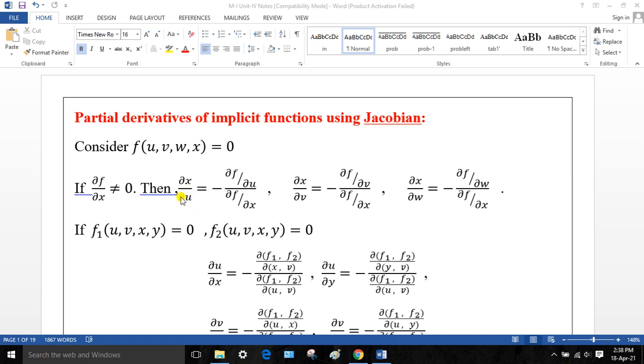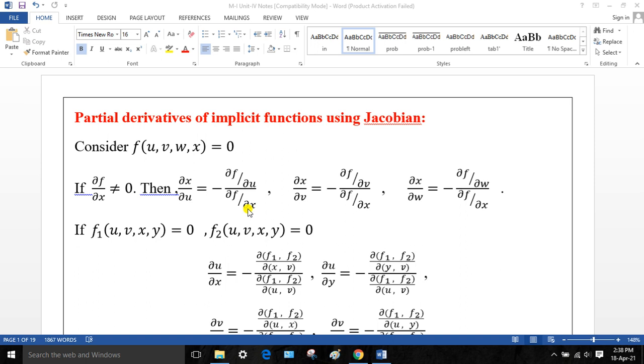So you have to write del u here, upon del f upon del... del x is the numerator, because we know the denominator is always the denominator and the numerator is always the numerator. So del x is the numerator, so you have to write del x here.